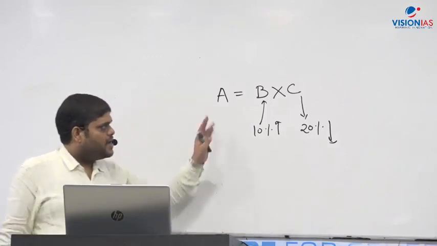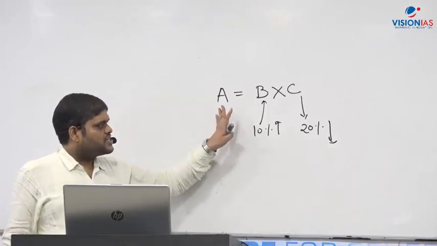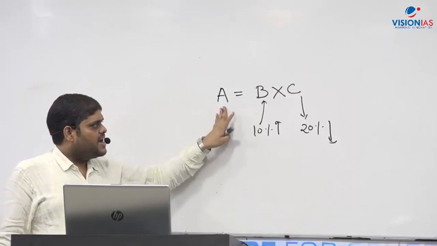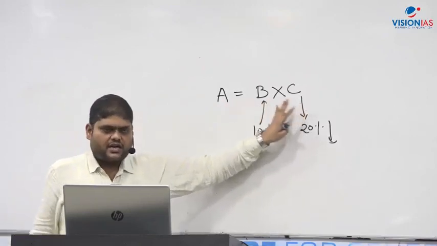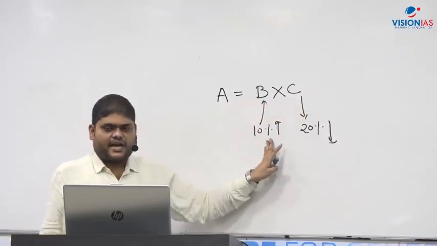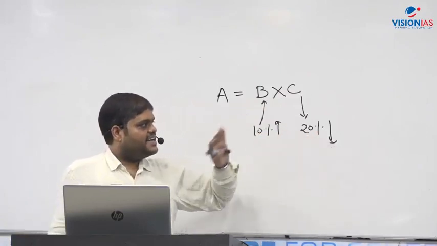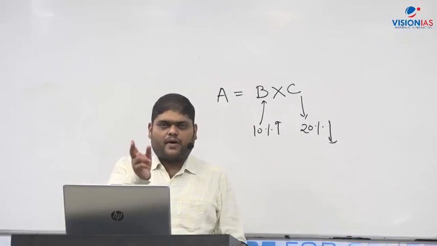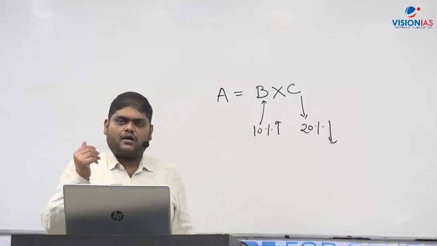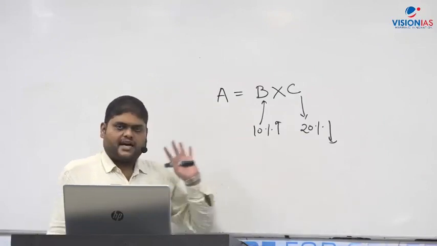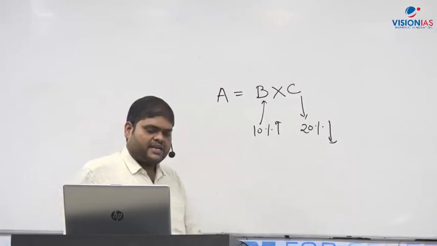Okay. I am coming to this question. Till now we have done A is equal to B into C. If A is increased by 10% and B is decreased by 20%, either we go by the AB formula or we do it by successive increment and decrement.